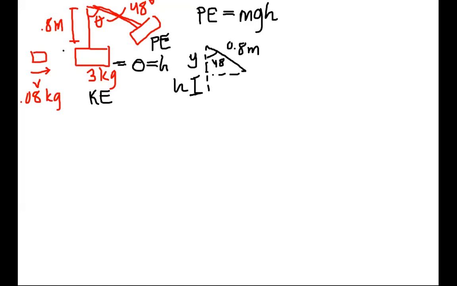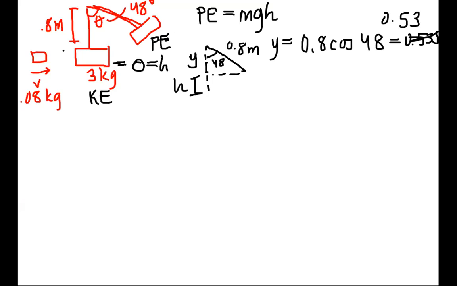So y is equal to 0.8 cosine 48 degrees, which is equal to 0.535 meters.